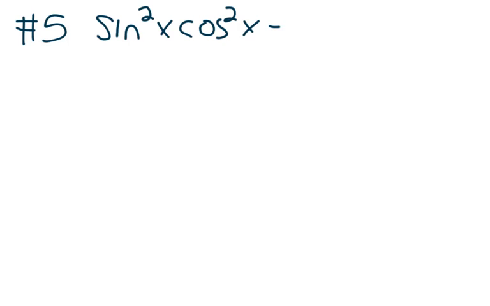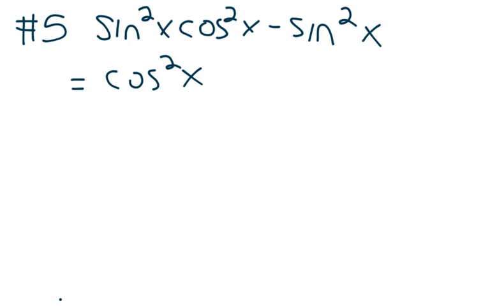Alright, the other request was number 5. And once I show you number 5, number 6 is actually set up very similar. It's actually easier than number 5. My biggest annoyance with number 5 is that I get a lot of students that will tell me that this is cosine squared x, because they subtract the sine squared and the sine squared here.